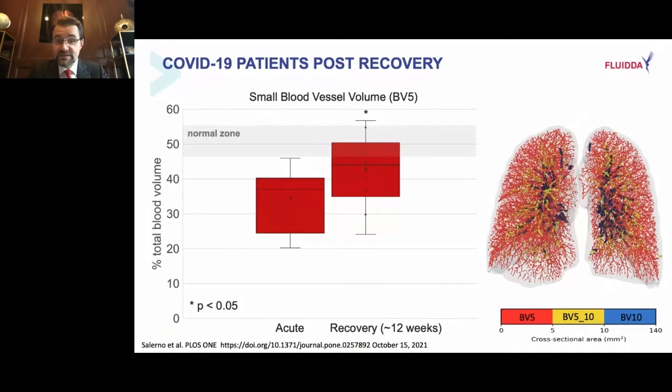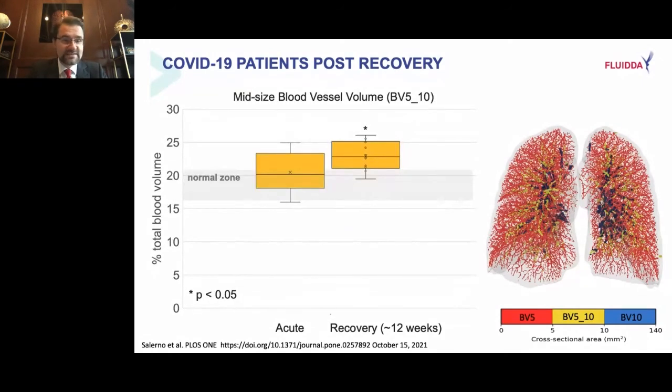What happens to the vessels? So this is the BV5 we discussed at great length. So we know in the acute phase, it is significantly reduced, as you see here. During recovery, we do see an increase in BV5, so you do see that the parameter tends to move more towards the normal zone, which is good, but it takes a long time to get there.